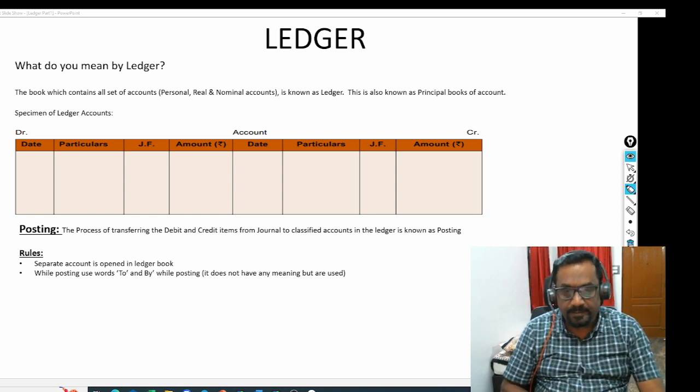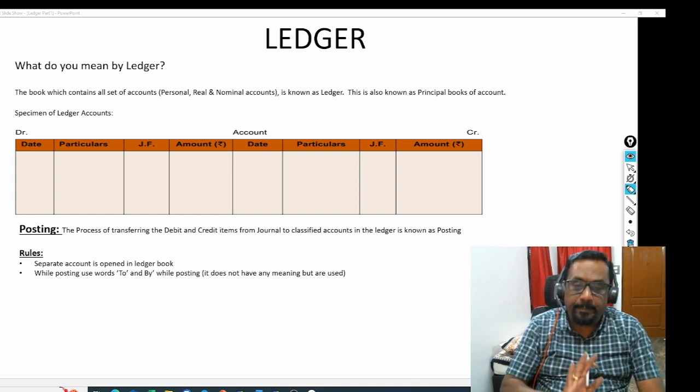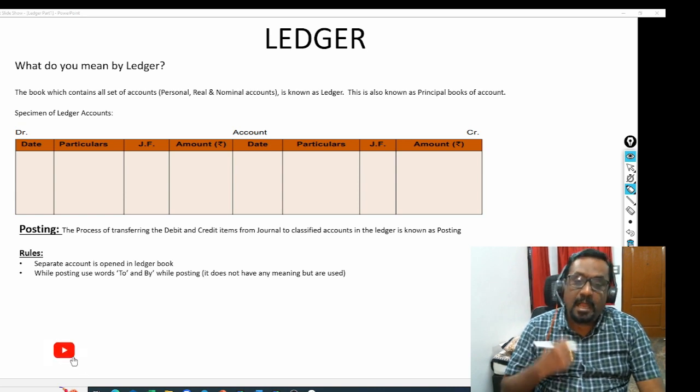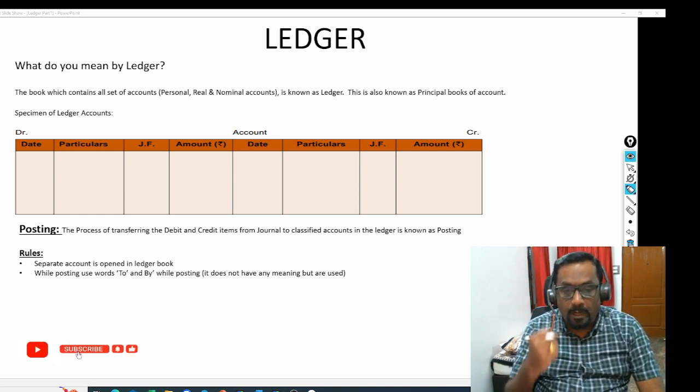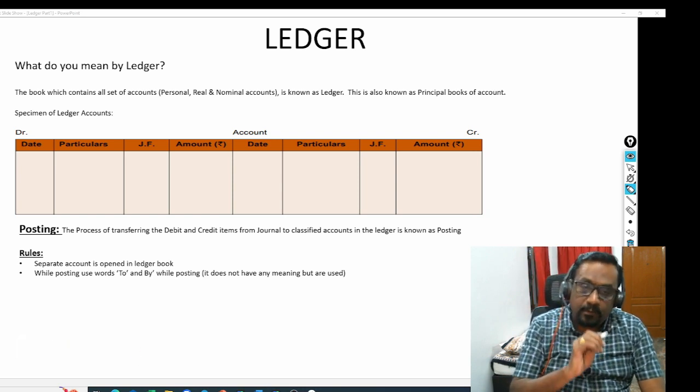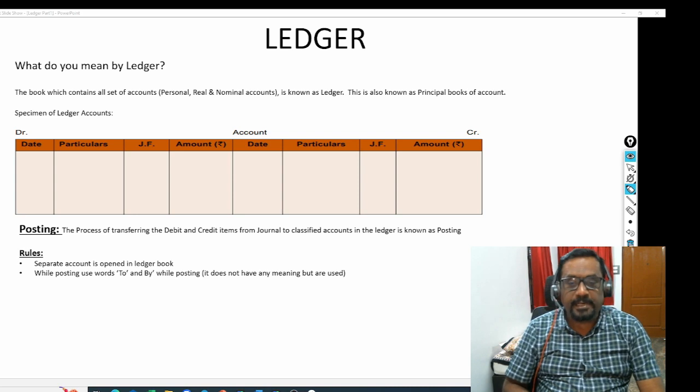Also I explained. These are the topics I decided to cover today. In the next video, I am going to talk about the meaning of balancing, how the balancing has to be done, and how the transactions have to be posted into the ledger book. Those rules I will explain in my next video. Hope you are clear, right?